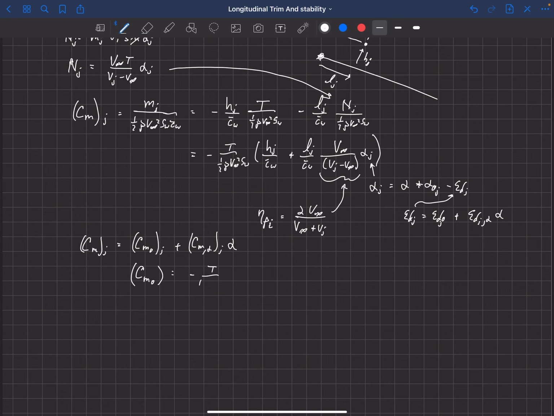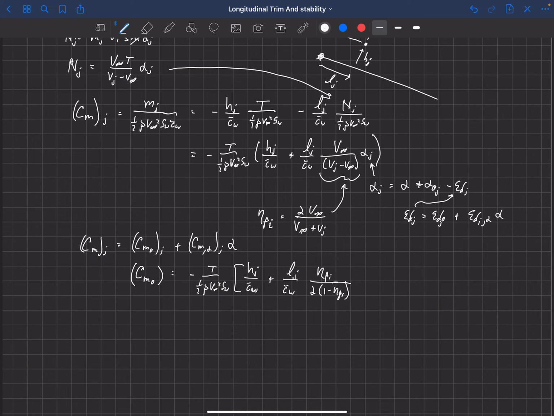minus T over 1/2 rho v infinity squared S_W times hj over c bar wing plus lj over c bar wing times eta, or the ideal efficiency, over 2 times 1 minus eta.